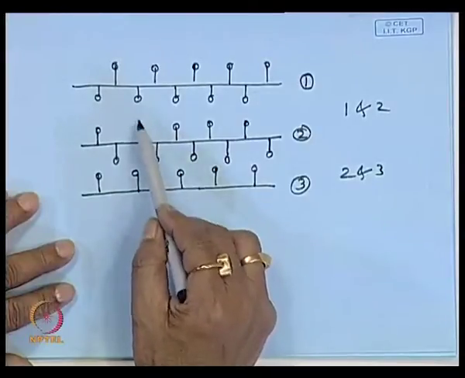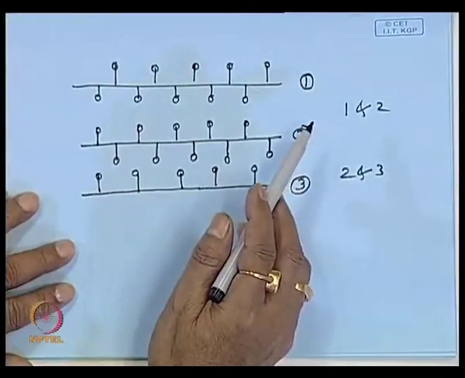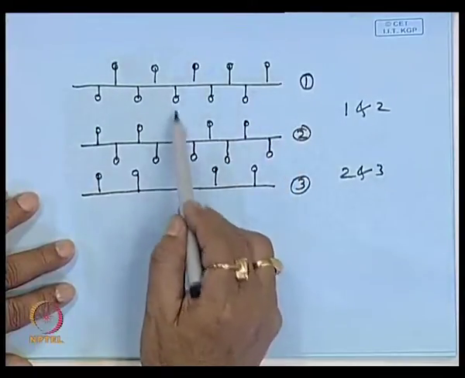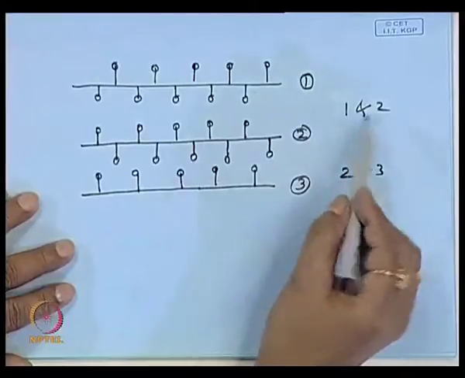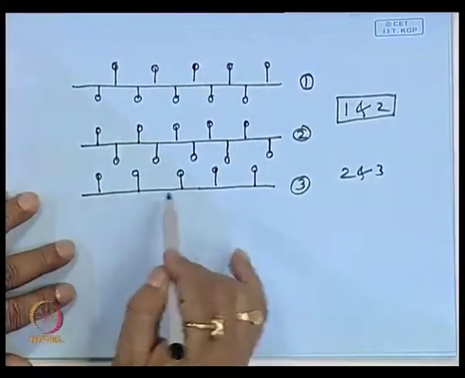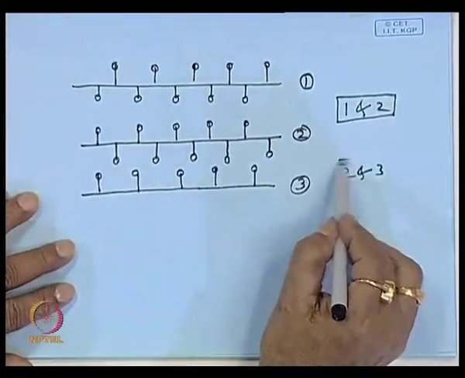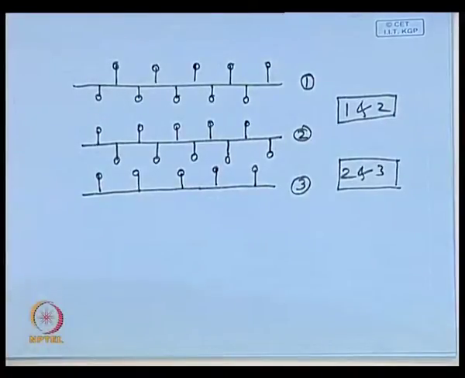If these mesogens are of opposite nature, then say positive negative type of thing, by virtue of their opposite polarity, their interaction, let us say hydrogen bond, in case of 1 and 2 will be stronger. Considering the same sense, the interaction will be less between 2 and 3, because there is a distance between these mesogenic groups. So, these intermolecular interactions through such mesogenic groups contribute to the liquid crystalline order in liquid phase.